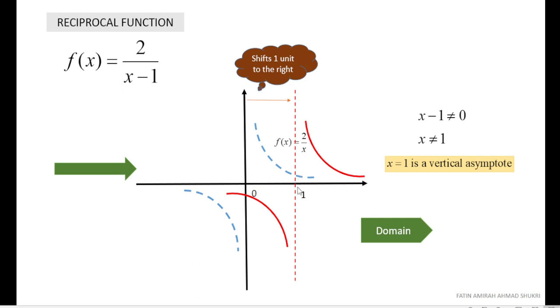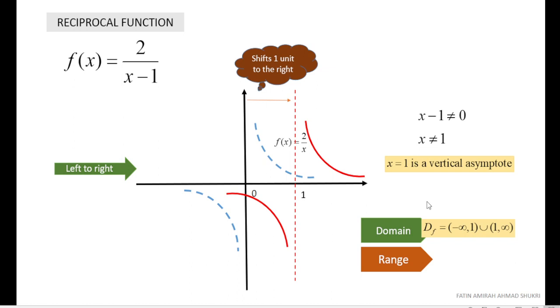Dia tak define at this point. So, jadinya we rewrite, you akan dapat domain of the function from negative infinity to 1, exclude the endpoint, union with 1 to infinity.